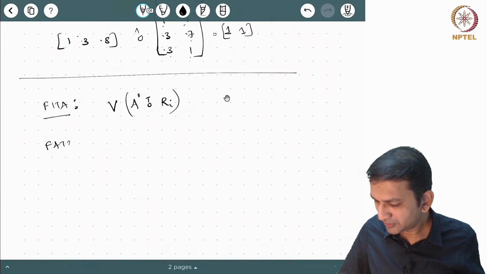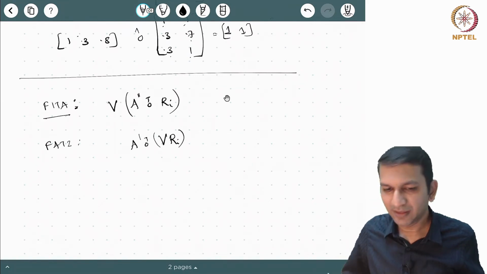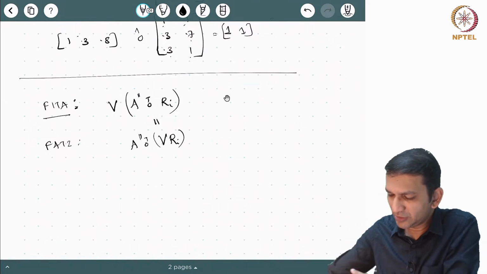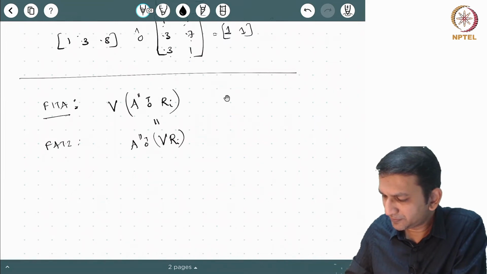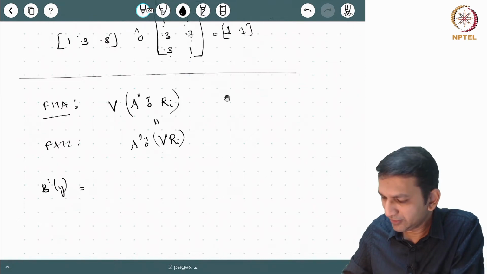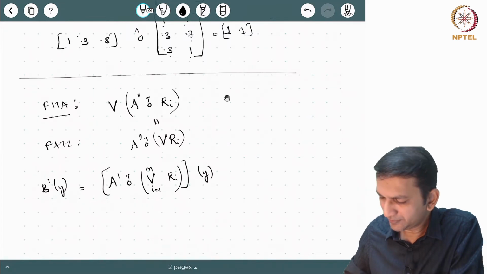FATI says first aggregate all the relations and then apply the composition for the given A dash. We want to show that these two are actually the same. So let's start with the FATI inference. B dash of y according to FATI is A dash circle T supremum i equal to 1 to n Ri, evaluated at a particular y.